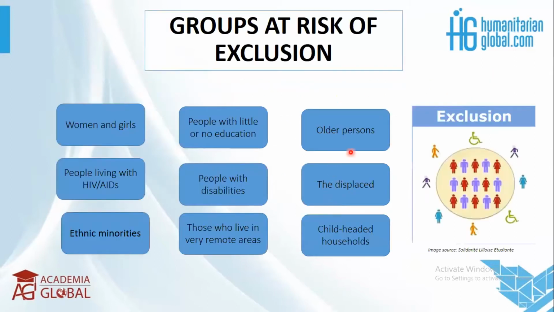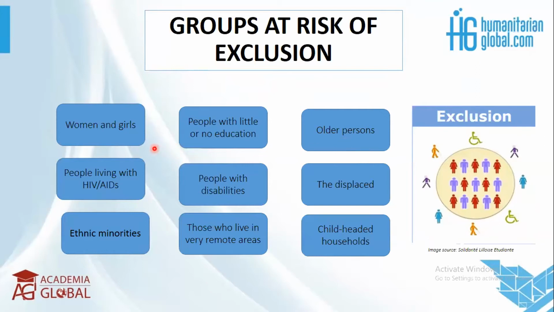There are a number of groups really, but these are just examples of groups that are at risk of exclusion. These are just a few that I've identified, but I know there are more, but these are some that we can identify with, and these are the ones that we can also talk about later when we're talking about accessible or inclusive WASH.